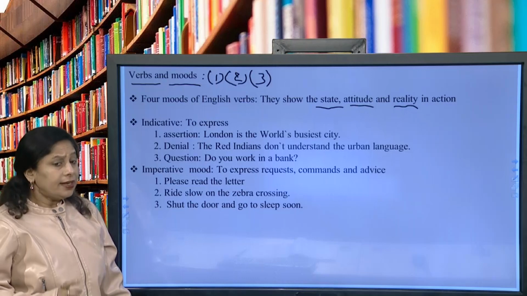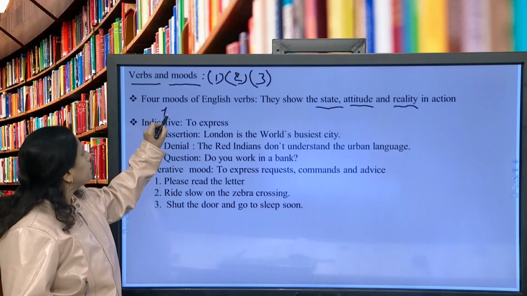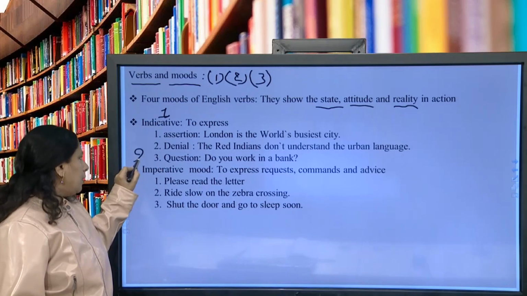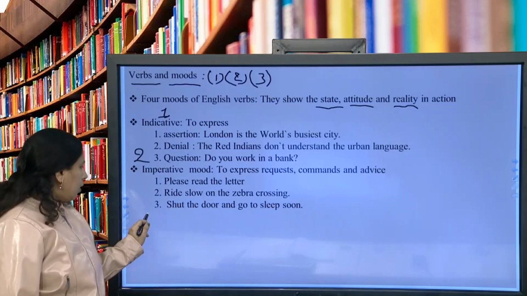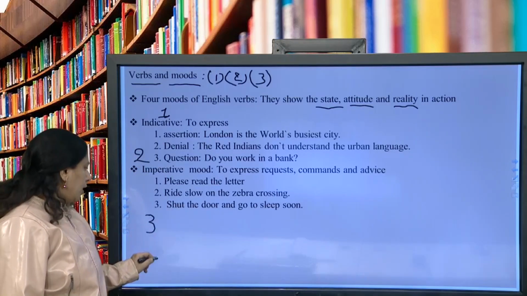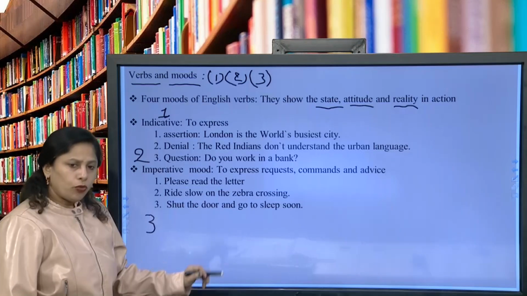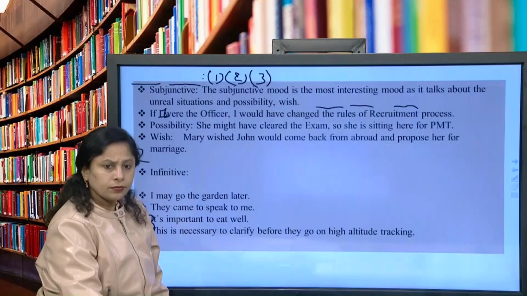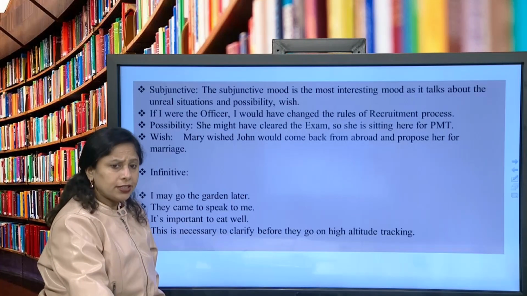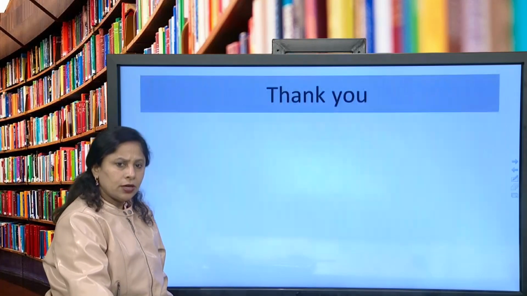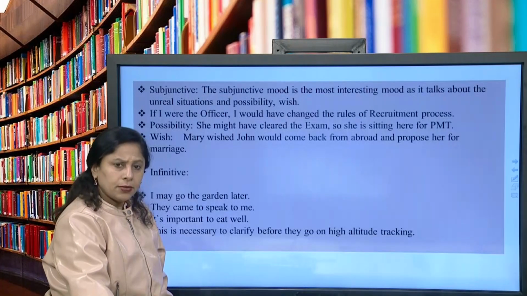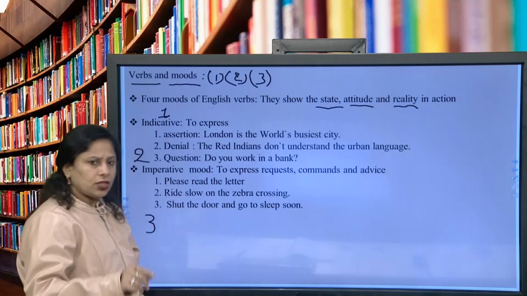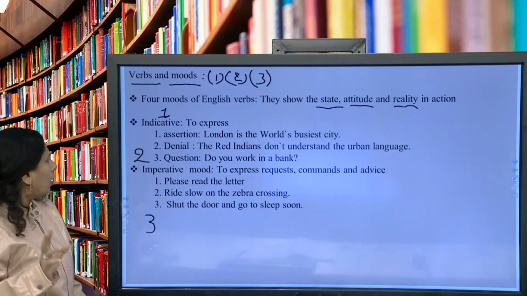First one is indicative mood, second one is imperative mood, then third one is subjunctive mood, and then there comes the fourth one, yes, infinitive and subjunctive. Afterwards there isn't anything, but before that we are supposed to study these 2 moods.